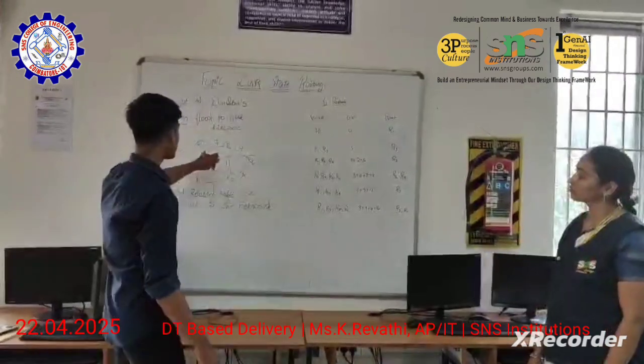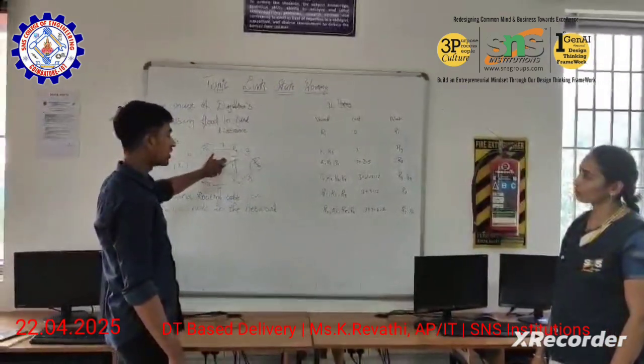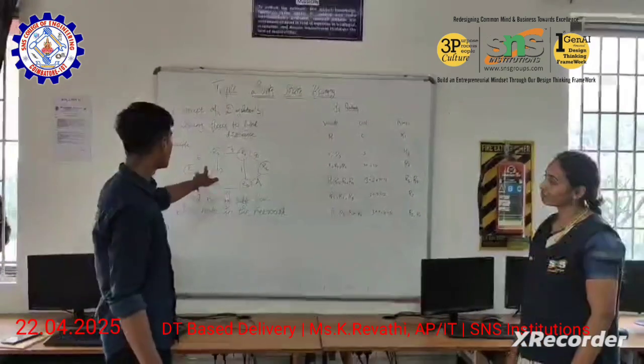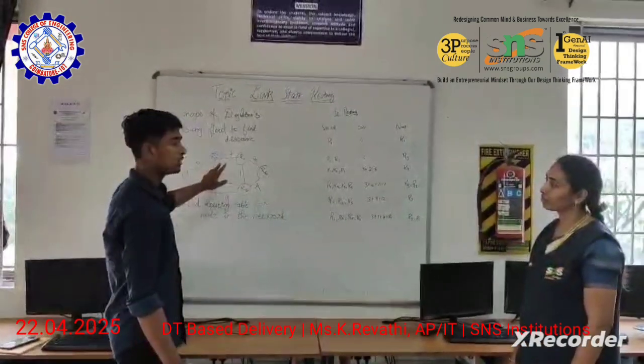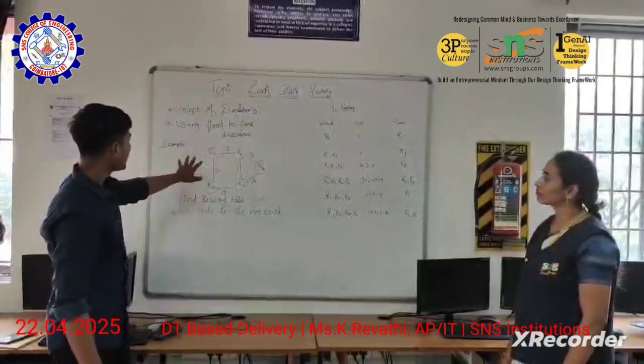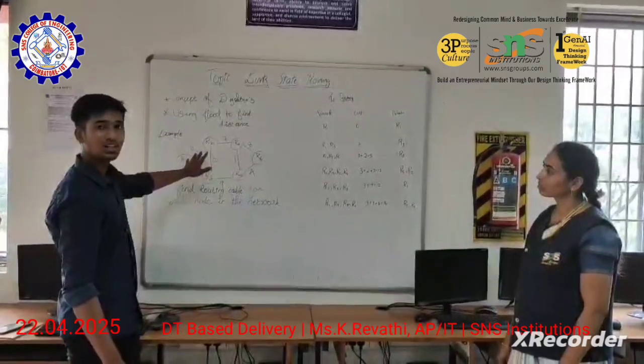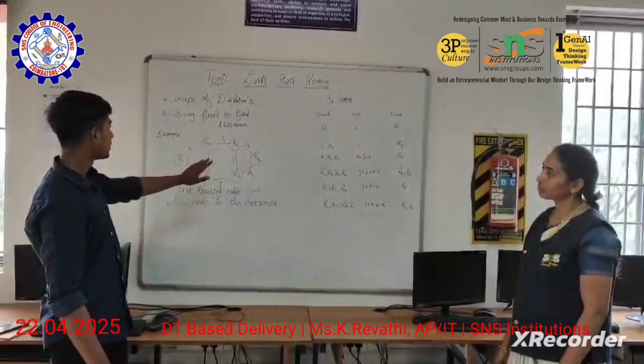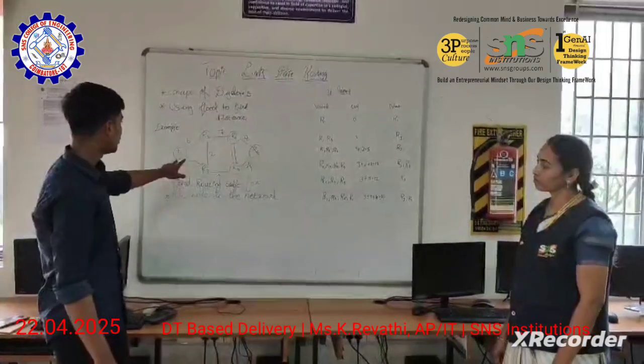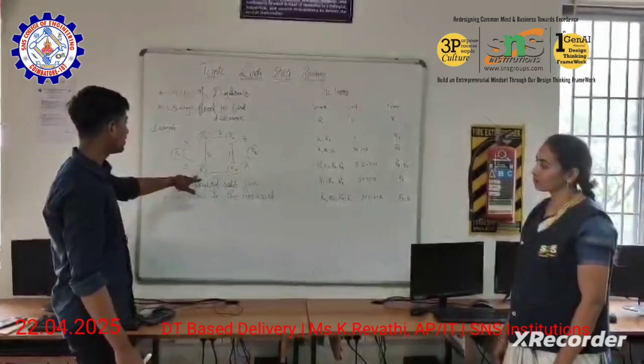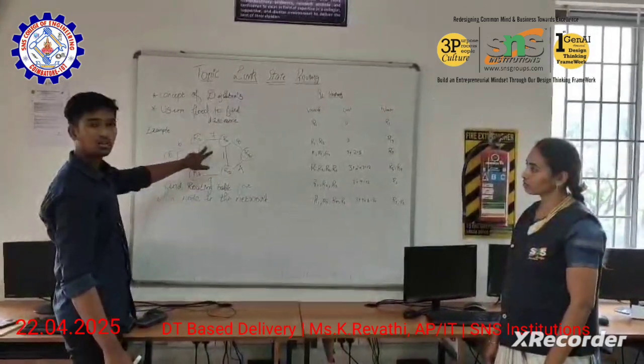Next we are taking R2 from R1. We are going to find the distance between R1 and R2. Directly we can see that 6 is the distance, but we need to take the shortest distance. So we are going from R1 to R3, then from R3 to R2.